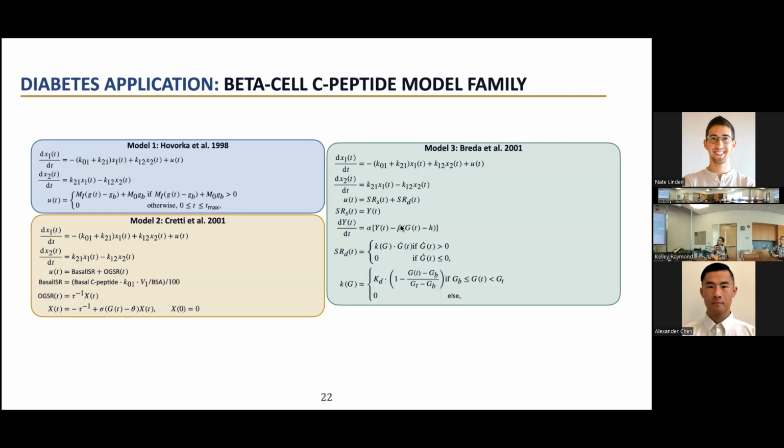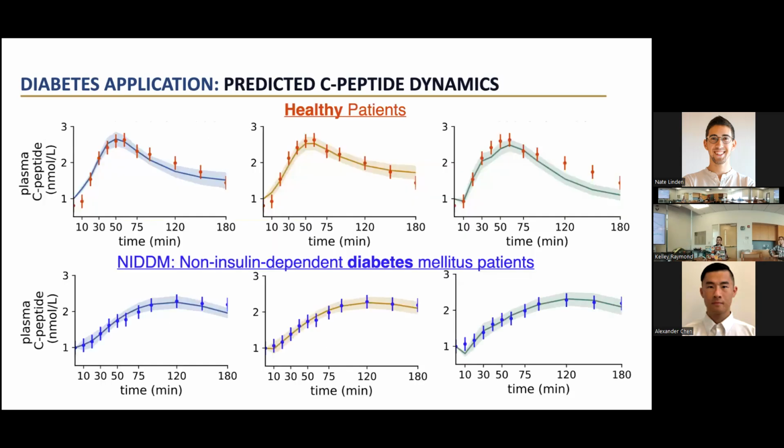So the first thing we're going to do is predict, again, some of these model parameters from the data. When we do that, we get a whole set of predicted trajectories for the different plasma C-peptide dynamics. On top, we have the three models for the healthy data, and on the bottom, we have the three models for the data from patients with diabetes.